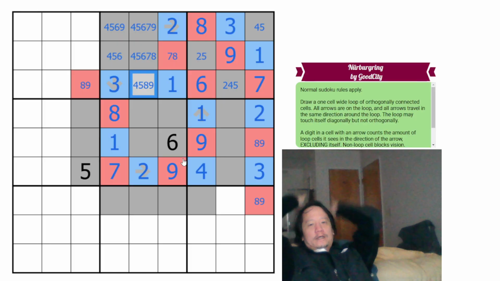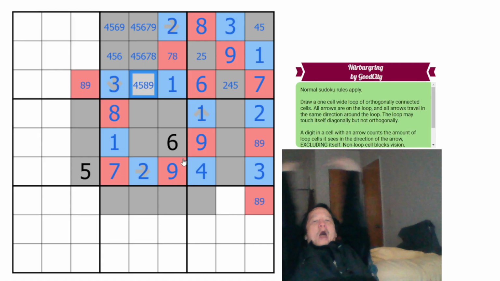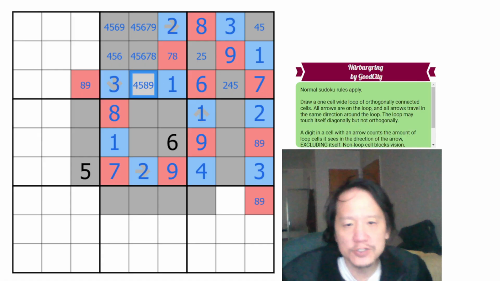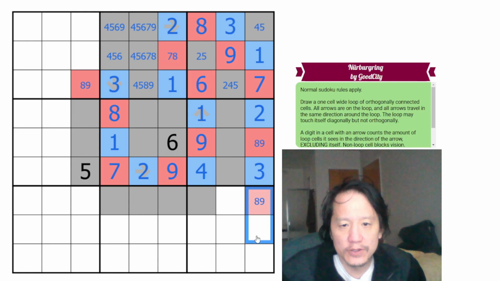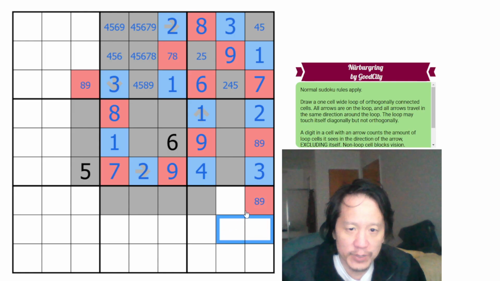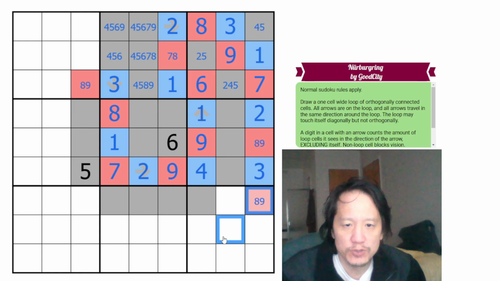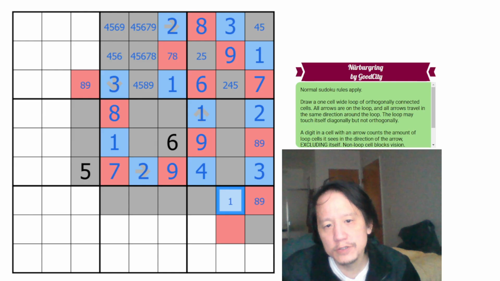Let's see. If it goes down here, this would be 4, and it would have to be next to 2 unique numbers on the German whisper line, so it cannot go down. So therefore, this has to go this way, and then this way. So this could be 1 or 2.